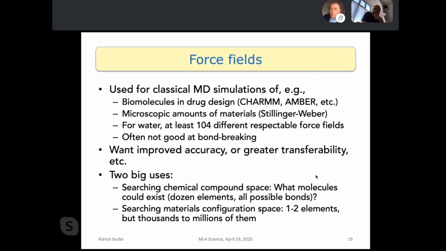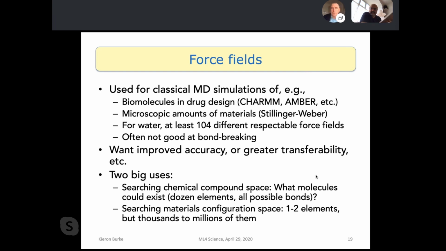The original ones were things like London dispersion forces with R to the 6 and R to the 12 potentials, and people would design these with a lot of insight and very cleverly for different problems, and you run your molecular dynamics.